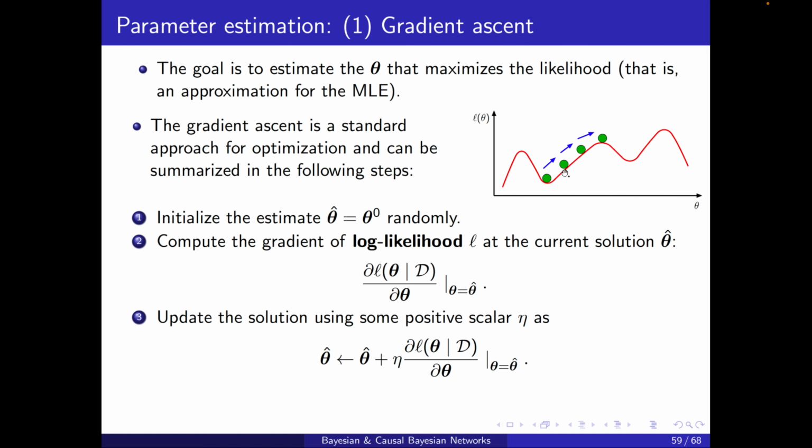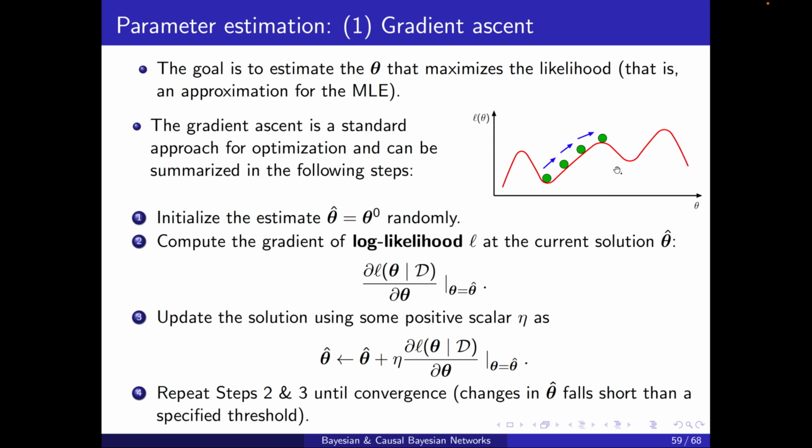I will move that much up and reach a new point, like this ball here. Then I just repeat steps 2 and 3 until I finally converge. From here I calculate the gradient again and move again in the direction of the gradient, and so on, until the changes in the estimates of theta hat become smaller than some specified threshold.